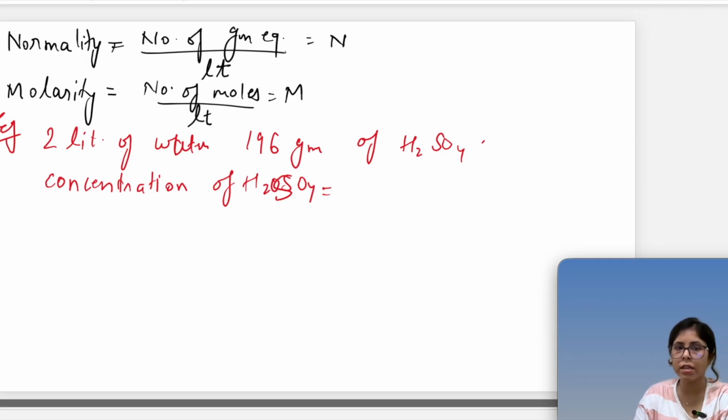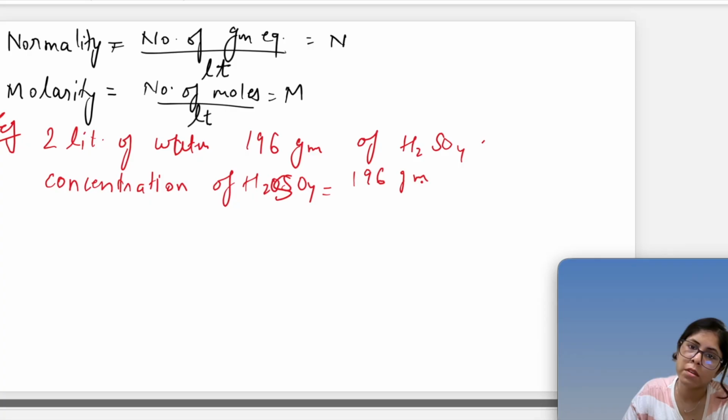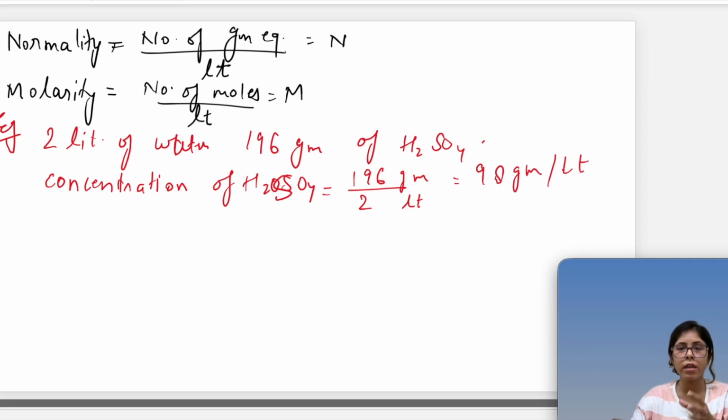Concentration is in gram per liter or milligram per liter. The concentration is 196 grams in 2 liters, so it will be 98 gram per liter. So in 1 liter of water there are 98 grams of H2SO4 molecules. So this is the concentration.